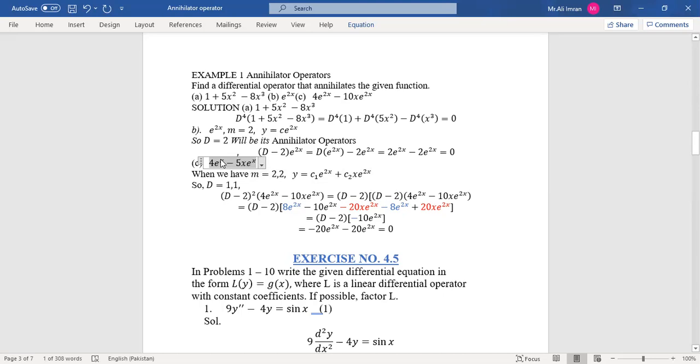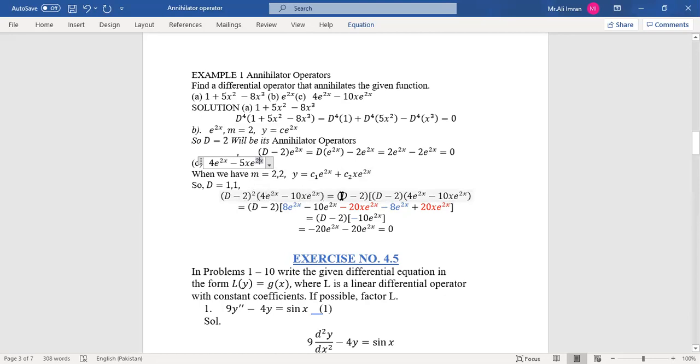Here, e^(2x) and x e^(2x). When we have the value of m equal to 2 repeated, we have a solution of the form c1 e^(2x) plus c2 x e^(2x). So its annihilator operator will be (D minus 2) squared.